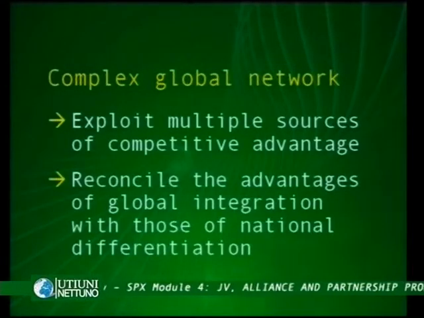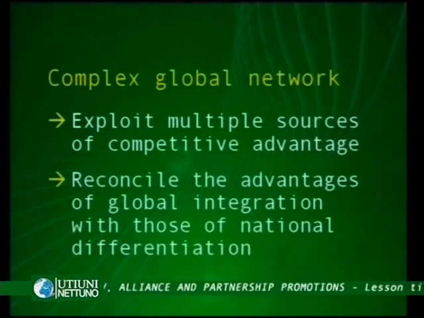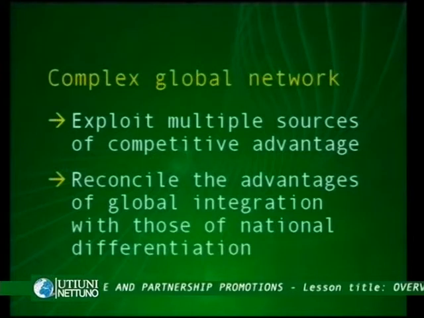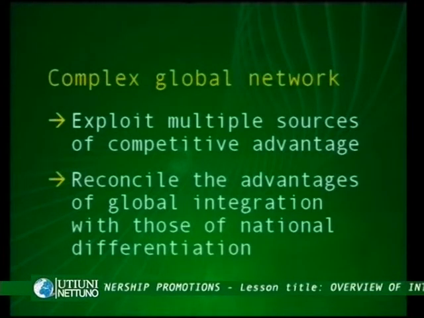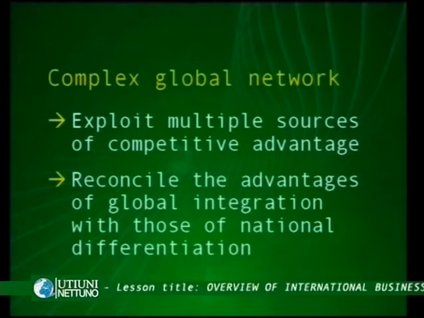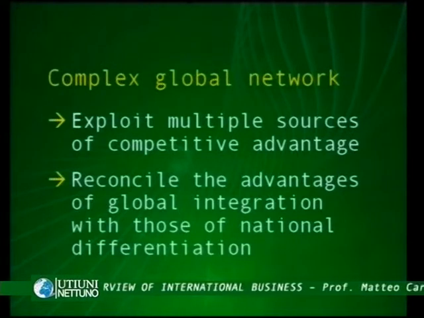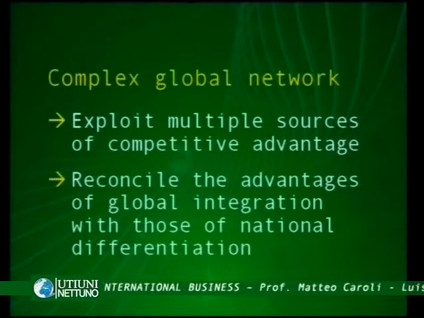And so we get to the fourth model, what we call the complex global network. So it is again a network. The idea of network, you understand, is absolutely central in the organization, in the business model and in the organization of business at international levels. But in this model, we have something new.